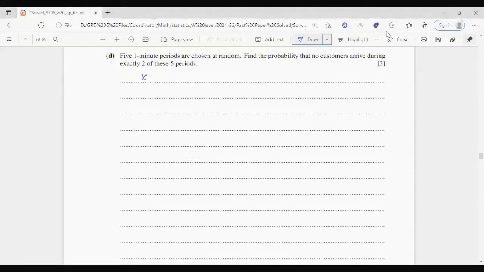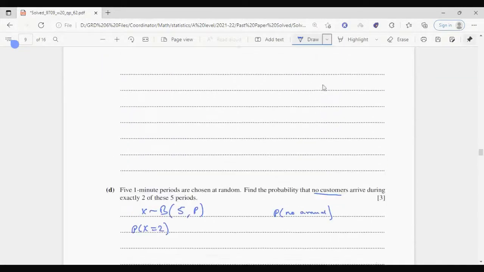So this is basically a binomial distribution where, in 5, exactly 2 is happening. But what's the probability that is to be written over here? The probability is that no customers arrive. So you need to find the probability of no arrival of customers.